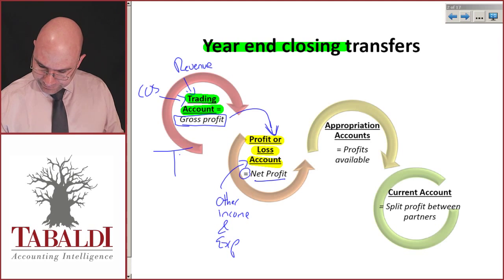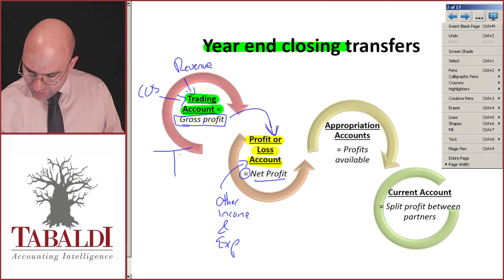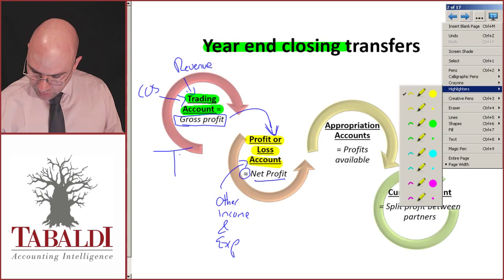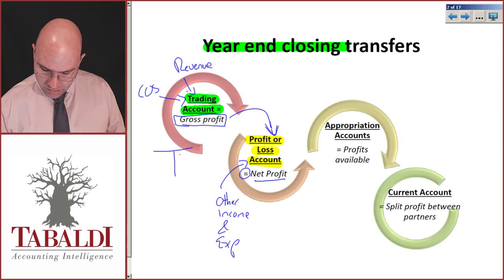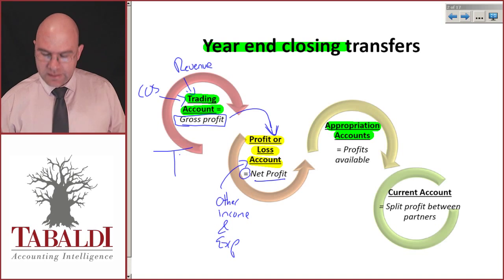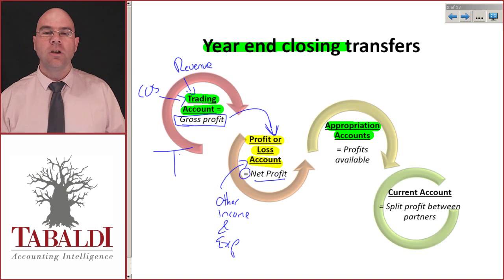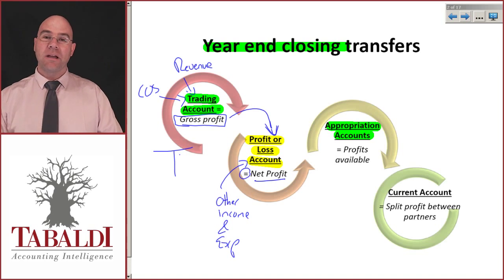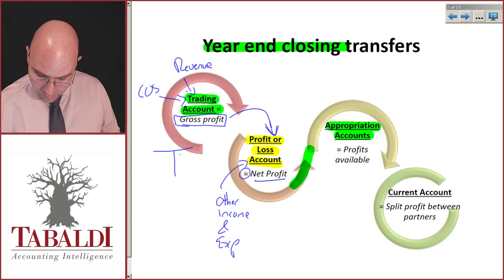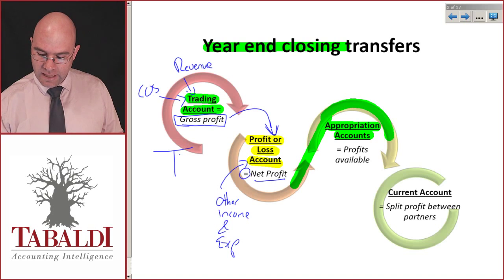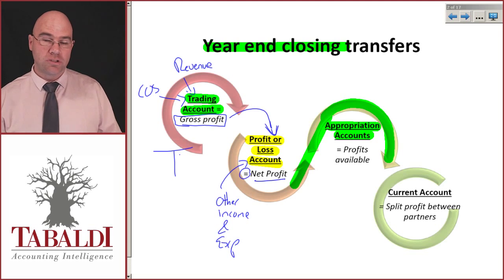Then from there, we are going to move on to this new account that we are calling the Appropriation Account. Now, in that Appropriation Account, we are going to see how much of these profits that we are flowing through are actually available for distribution to partners.